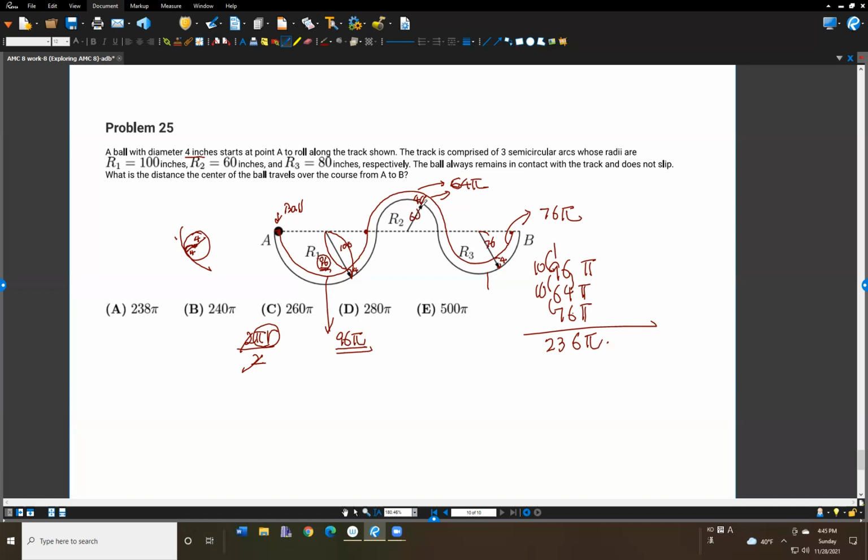This is 60 plus 4 is 64 pi. That is another length. That's correct. And we got 80 minus 4 is 76. Yep, that is 76 pi.